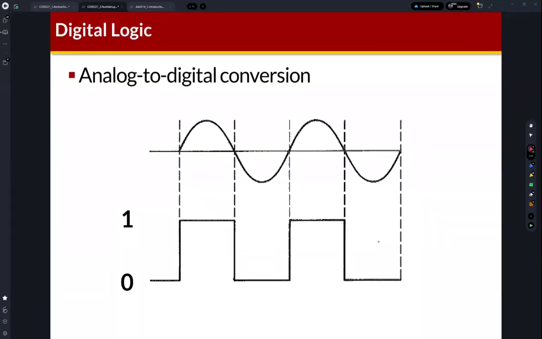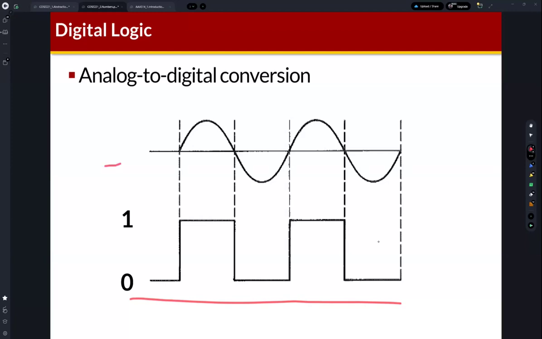In today's class, we will learn about the binary number system. But I believe it's not difficult. I believe everyone has learned about the binary number system, right? This slide shows the conversion from analog signal to digital signal.